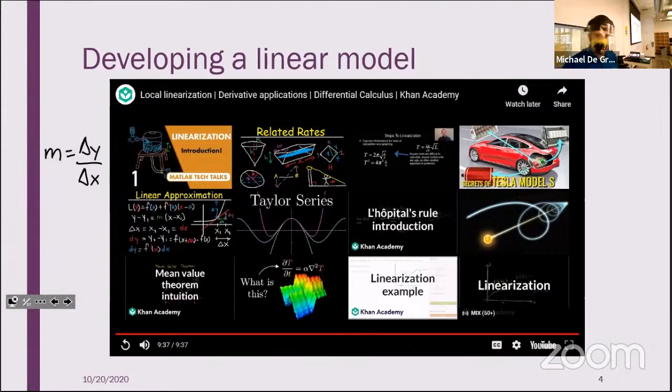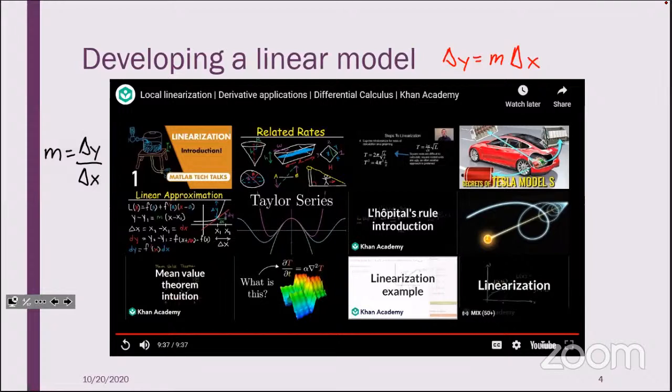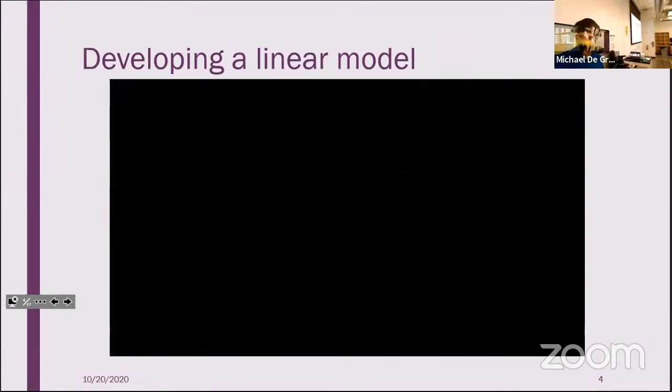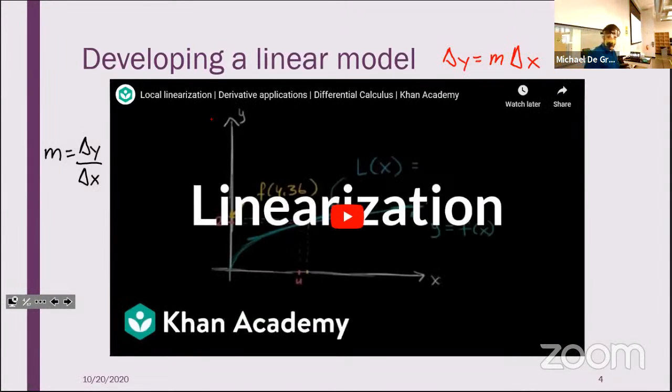So if you rearrange this, and I'll write it up here in red, delta y is equal to m times delta x. What is delta y? Well, delta y is where I want to be versus where I'm taking my reference, y minus y star.